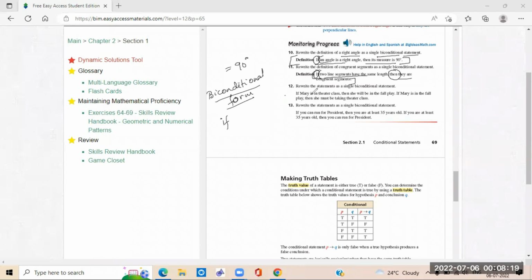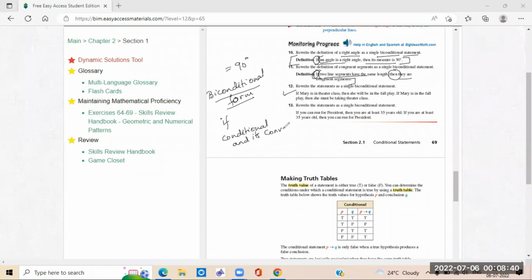Now see, if Mary is in theater class, then she will be in the fall play. If Mary is in the fall play, then she must be taking theater class. If you see this statement, this is a combination of a conditional and its converse.